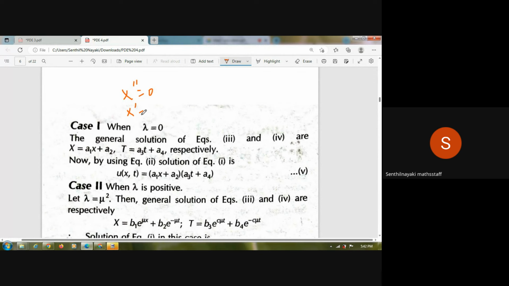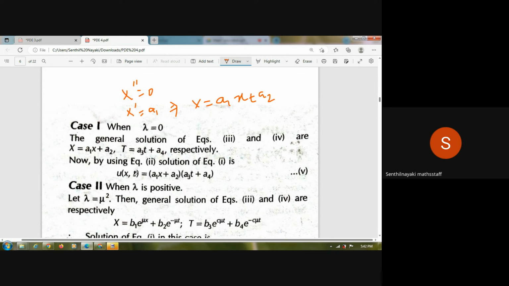If we integrate further, then we get X = a1x + a2, because here the integration is with respect to x. Similarly, if T'' = 0, then we get T = a3t + a4, because here the integration is with respect to t.